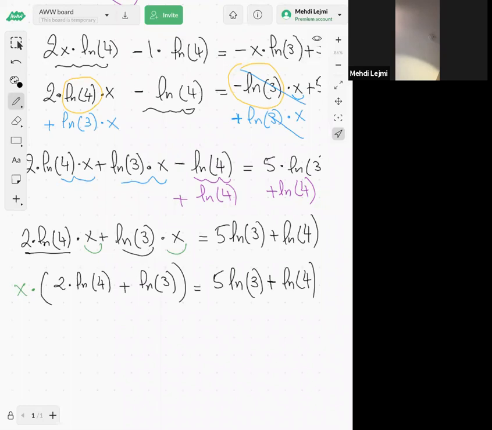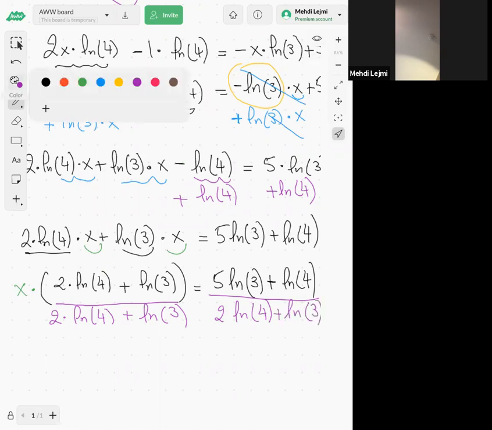Okay, so now I can divide by the coefficient in front of x. So this is 2 times natural log of 4 plus natural log of 3. Do the same on the right side. So it's 2 times natural log of 4 plus natural log of 3. Then this thing cancels out.